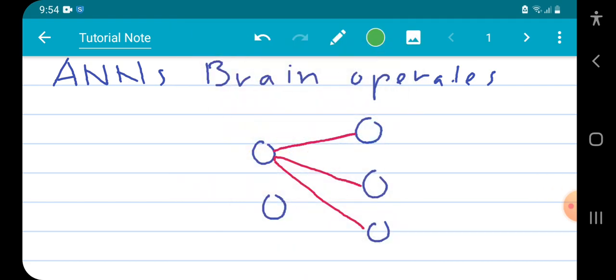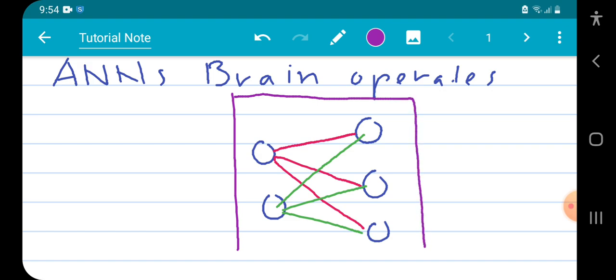For example, I have shown you that this artificial neuron over here is connected to these artificial neurons by these red lines, and this artificial neuron is connected to these artificial neurons using these green edges, and this whole structure represents an artificial neural network.